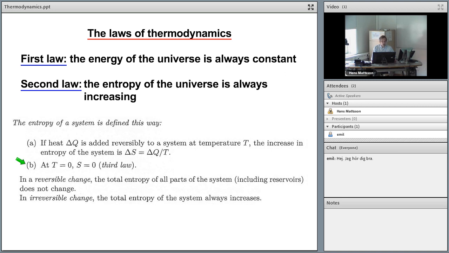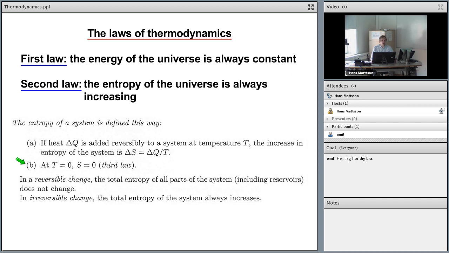The more the molecules or the atoms vibrate, the higher the temperature will be. And maybe they are vibrating so much that they are shaking loose from each other, and that is what happens when things are melting, for instance.